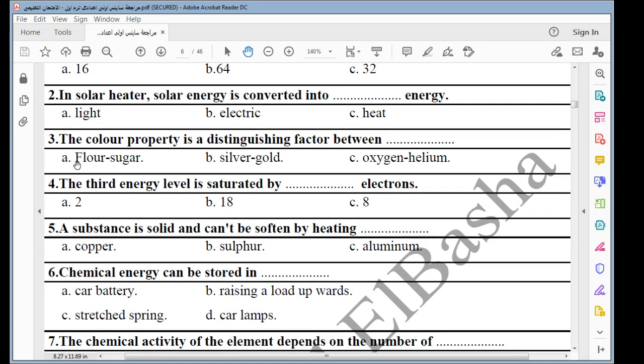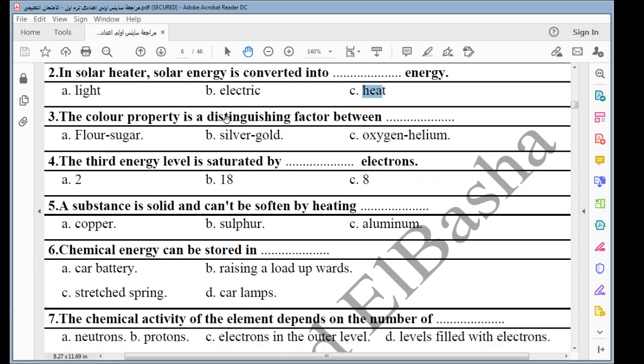In a solar heater, solar energy is converted into what? Of course, converted into heat. Number C. The color probability is the distinguishing factor between silver and gold. Number 4.